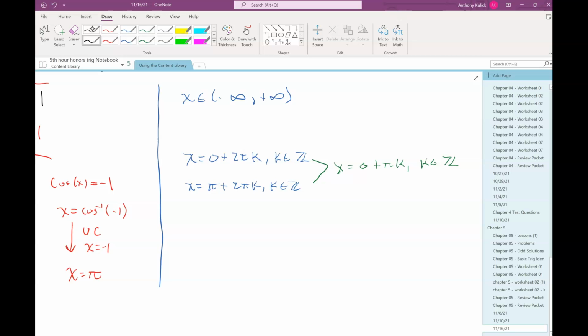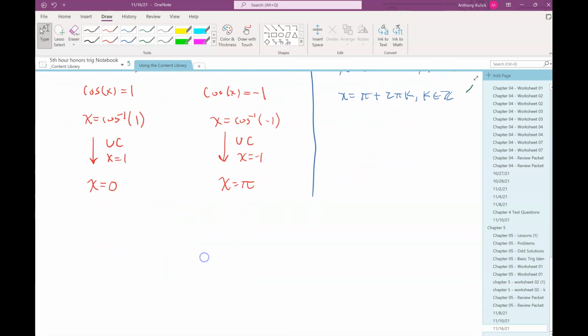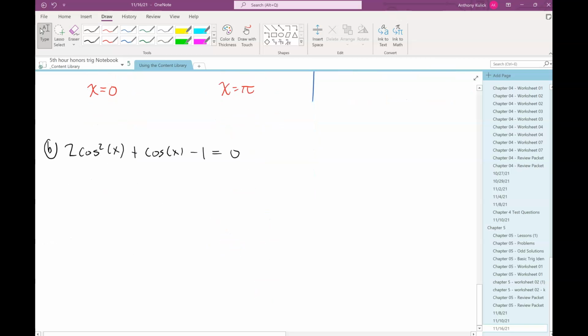Let's look at another. So again, we're still solving over 0 to 2 pi. Here we have 2 cosine squared x plus cosine x minus 1 is equal to 0.